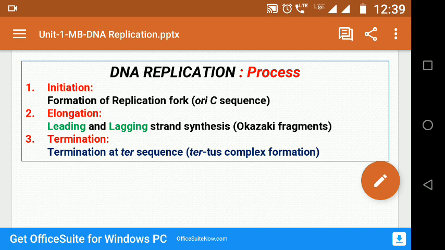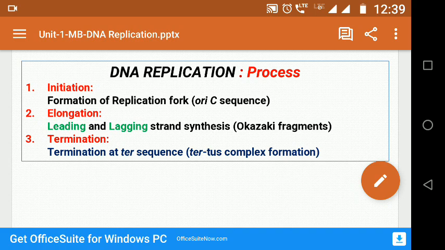So an E. coli cell has one circular DNA molecule, and that circular DNA molecule has one initiation site. At that site only, all the replication machinery, the proteins which are involved in the replication process, come and bind there, and they initiate the DNA replication process.